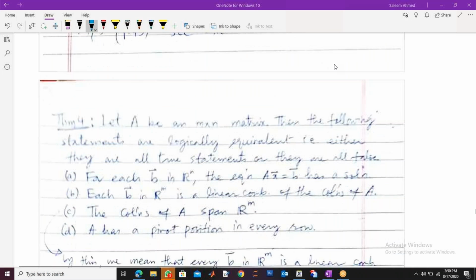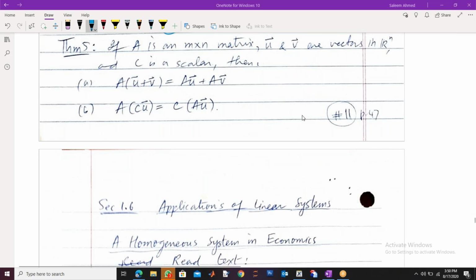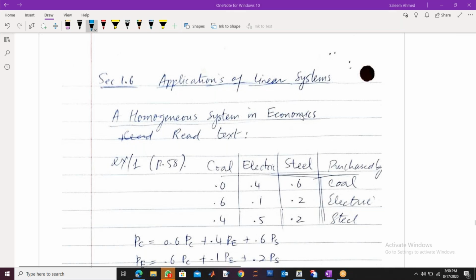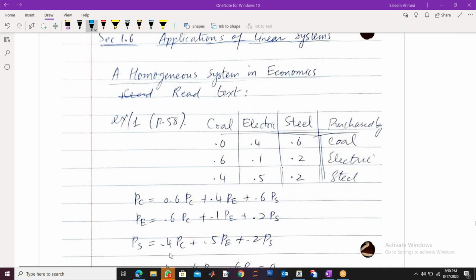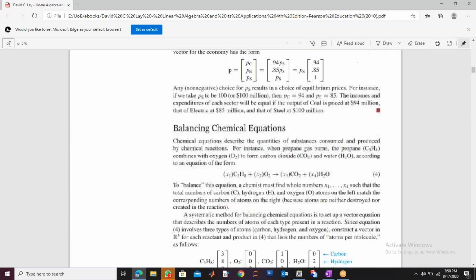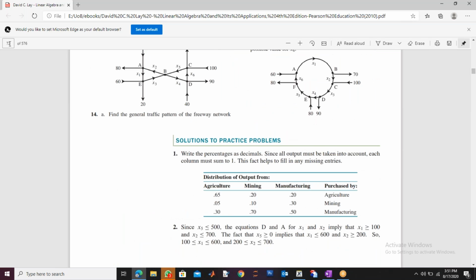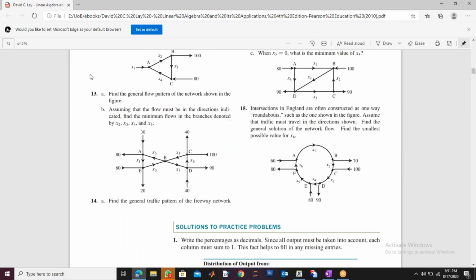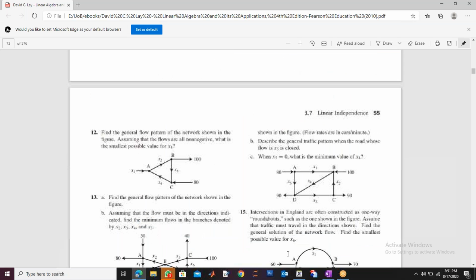So let me go to these 2 applications. Page 58. I have opened the book here as well. I can go to page 58. I will read the question and then we'll come back here.